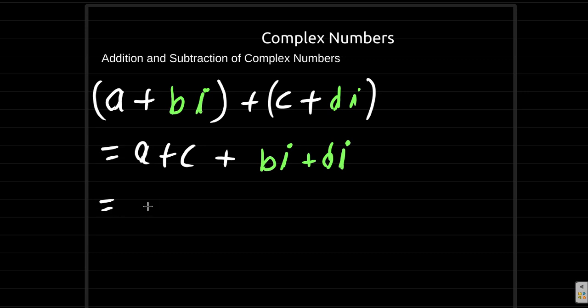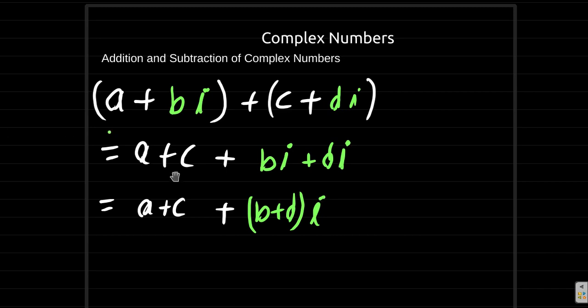So what you get for the answer is the real part a plus c, plus, then we can factorize and get the imaginary part b plus d. So that's addition.